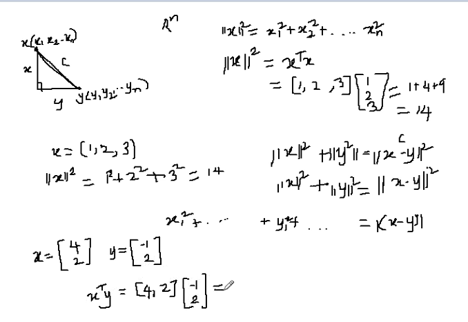Let's multiply this. 4 into minus 1 is minus 4. 2 into 2 is 4. So we get 0. As the result x transpose y is 0, both these x and y are normal or orthogonal to each other.